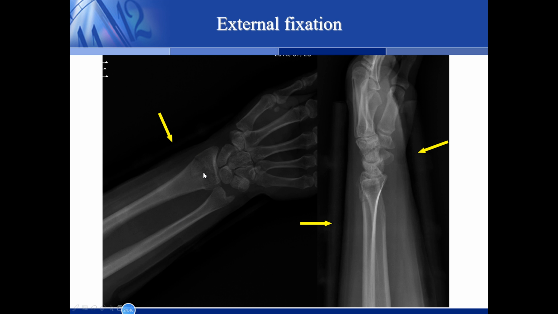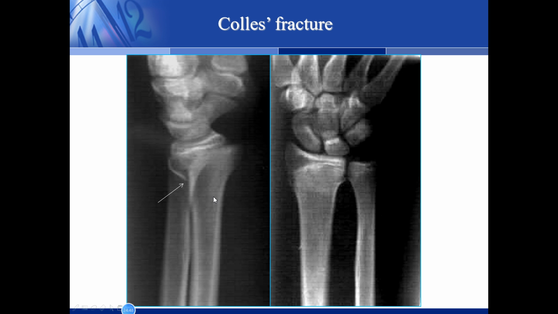The fragments displaced become normal. Here is the fracture, and we could see in the lateral view the cortex discontinuity, and here is the distal fragment, and it is displaced dorsally.